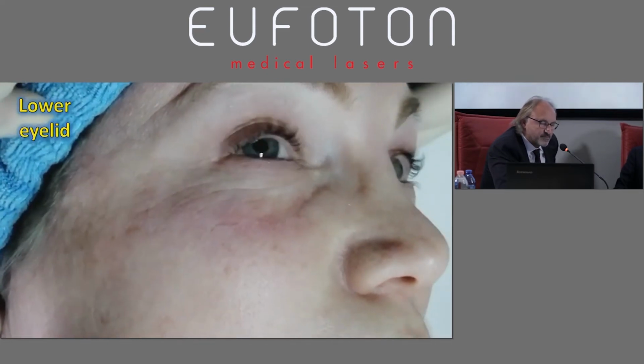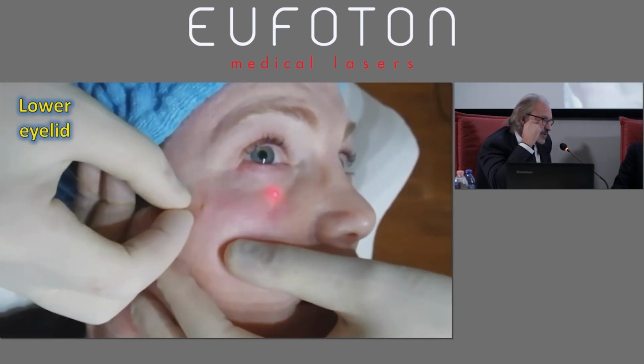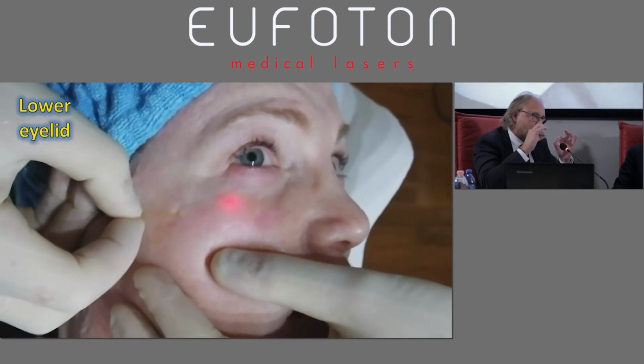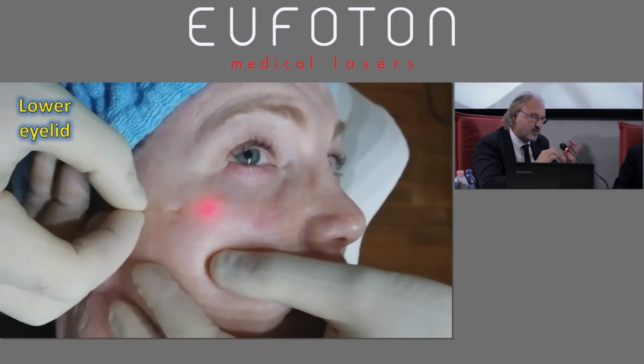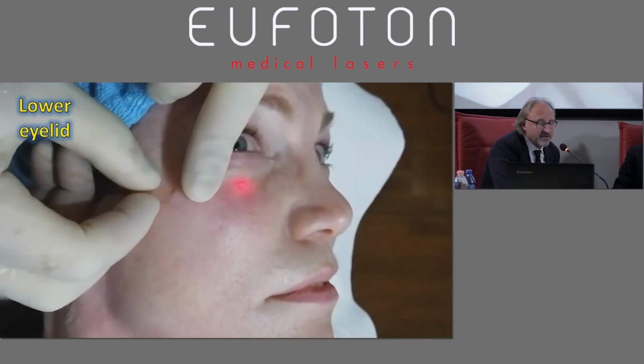Submuscular now. So if you go in this region, in the zygomatic region, it's very easy. You hear the click of the fiber trespassing the muscle, and then you find the plane.